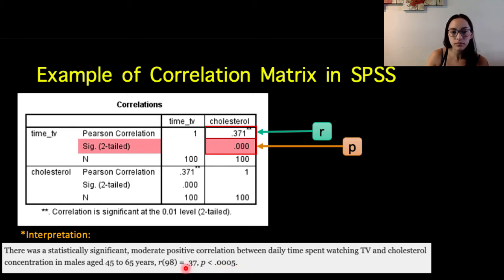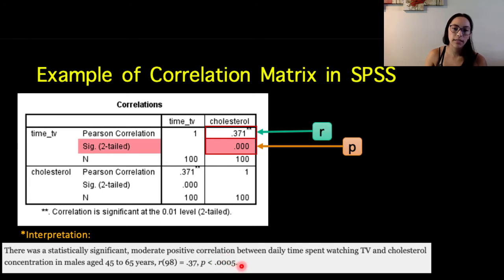The value in the parentheses is your degrees of freedom. We don't really go through how to calculate degrees of freedom for correlations because we're not going to be using correlation tables to estimate p-values, so we won't really go into that. But usually it's R with your degrees of freedom, your correlation coefficient value, and then the p-value associated with that.